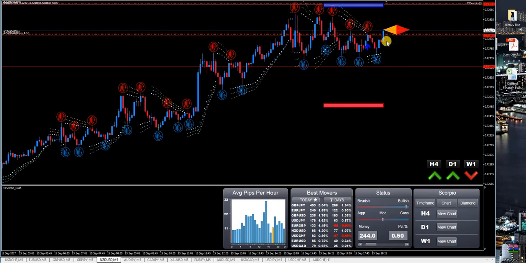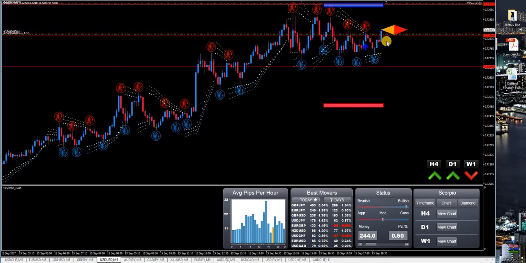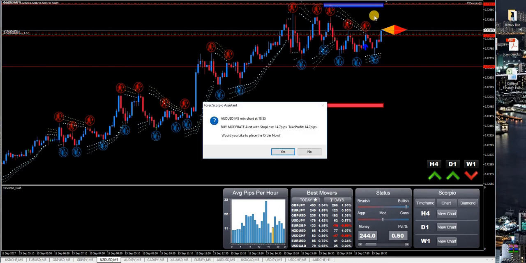I'm not going to trail it up anymore. If it decides to push through that level, we'll keep trailing it up at that point.